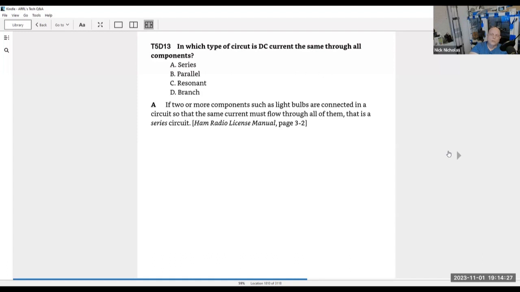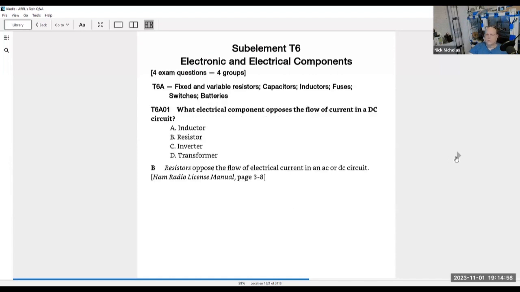The total voltage drop will be all of the voltage drops combined, or the sum of the voltage drops. So the answer here is A. In a series circuit, they all share the same current because it's a loop, and the current flows through the whole loop. Now, in a parallel circuit, it is multiple loops, and so they're going to be different.